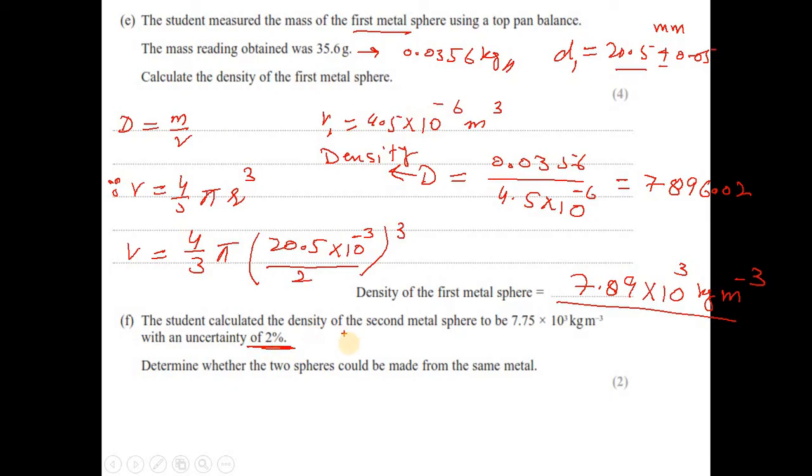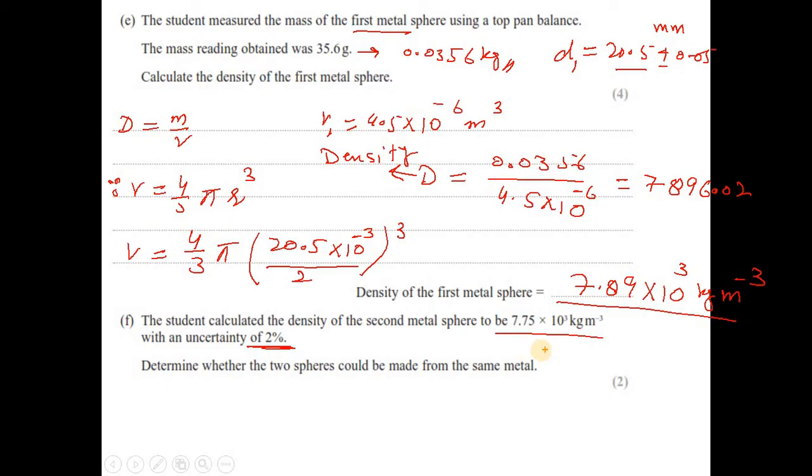So the idea behind this calculation is, first we are going to find the uncertainty in the density, because this is given as 2%.